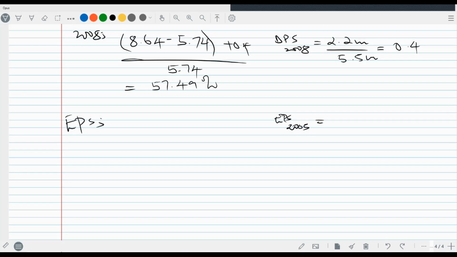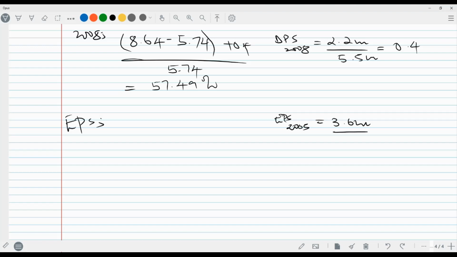Because earnings is equal to, in 2005, the earnings were 3.6 million, divided by the number of shares, 5.5 million. Earnings per share 2006, the earnings for 2006, 4.1 million, divided by 5.5 million.